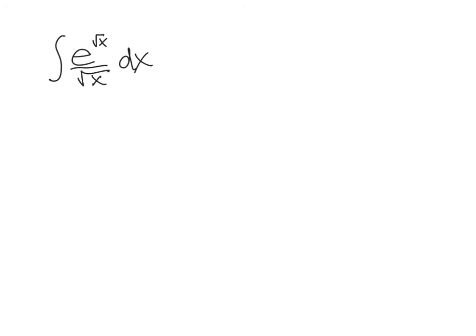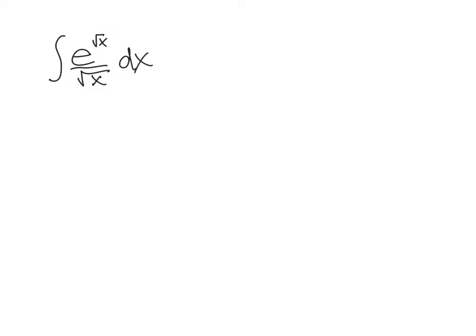Something that you need to remember, if you see a root x in your denominator, if there's a root x anywhere else in your problem, in this case it's right here, this guy in the denominator is the derivative. I'll say that again. If you have a root of x in the denominator, this guy is the derivative of the other guy, okay?